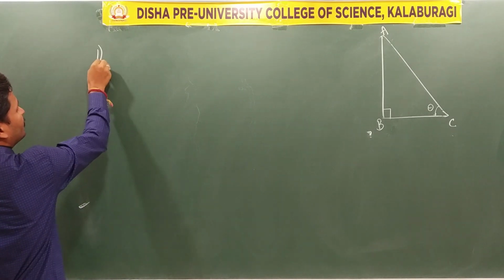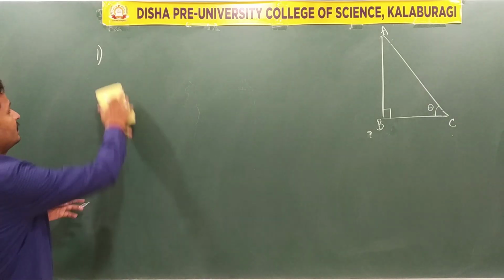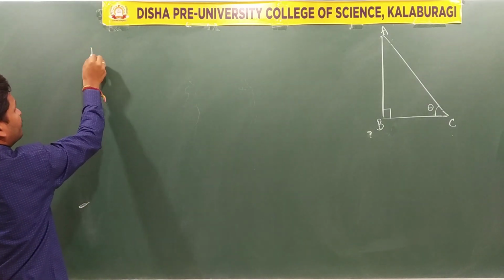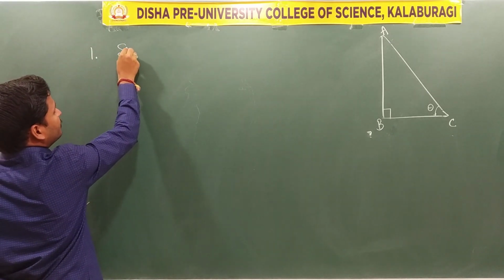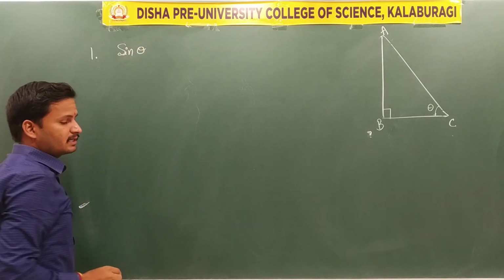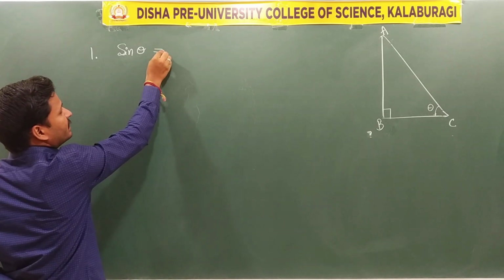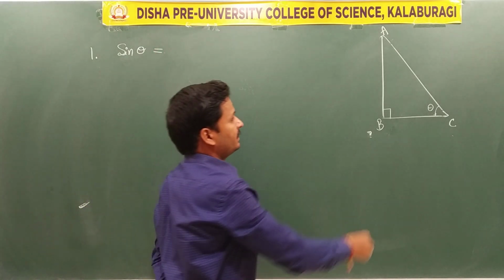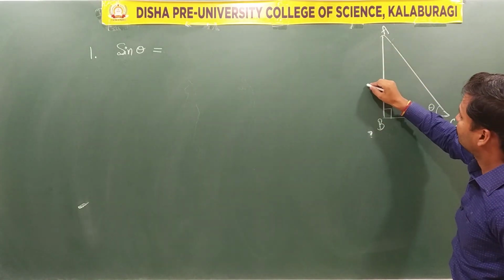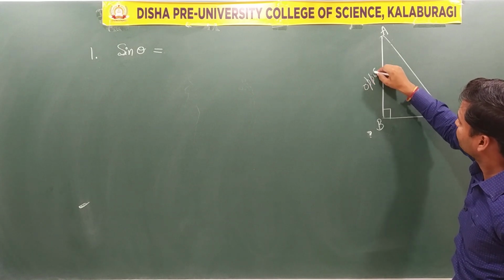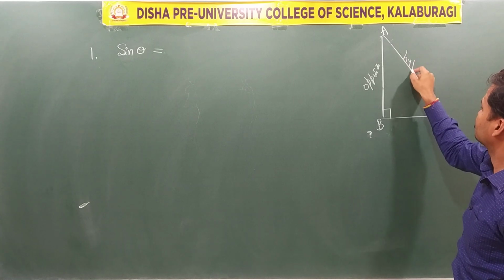First one, that is sin theta, or sin function. How to define the sin function? Here the angle is theta. So sin theta is equal to opposite divided by hypotenuse. Here AB is the opposite side, and this is the hypotenuse.